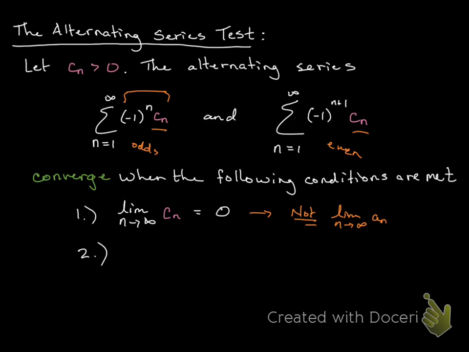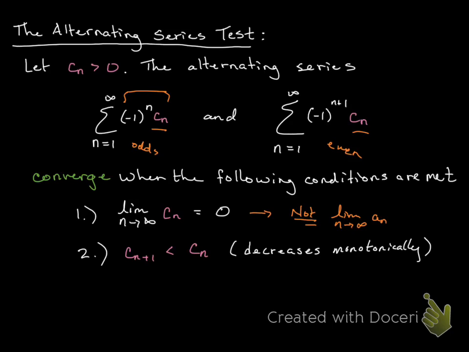Same for the second condition, but this one's a little different. C sub n plus 1 has to be smaller than C sub n. That's just another way of saying that this has to be a decreasing sequence. C sub n has to be decreasing. Another way we can look at that, I'll do some examples here where I actually look at a term-by-term comparison.